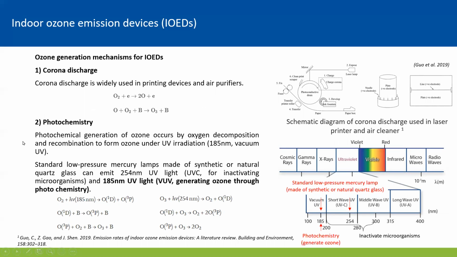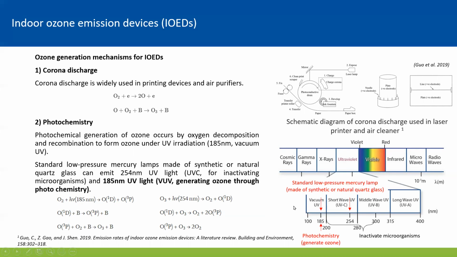Another ozone generation mechanism is photochemistry. The UV irradiation between 200 nanometers and 300 nanometers can inactivate microorganisms. Therefore, this UV irradiation is widely used for air disinfection. A low pressure mercury lamp can generate UV irradiation at 254 nanometers, which can be used for disinfection.